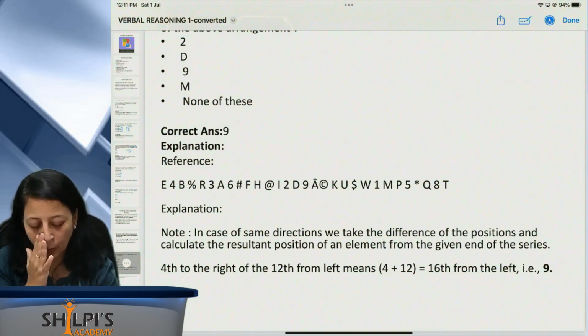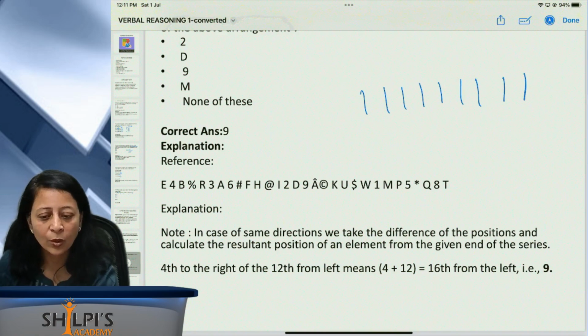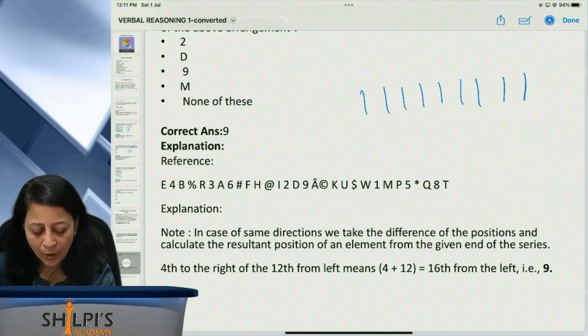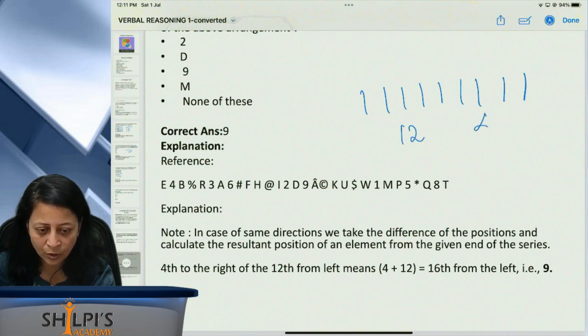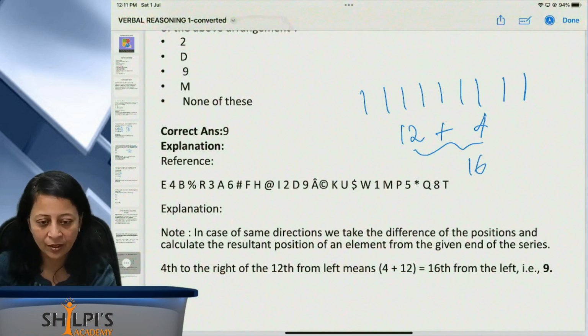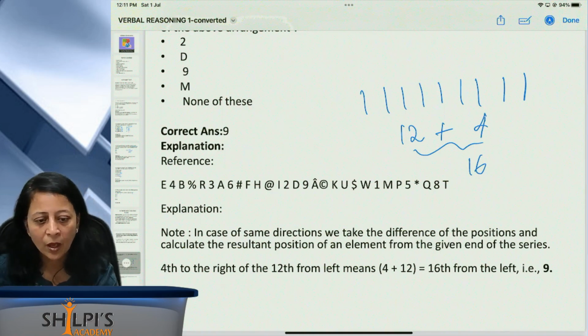When you add, you get the position as 16, so it is the 16th from the left.